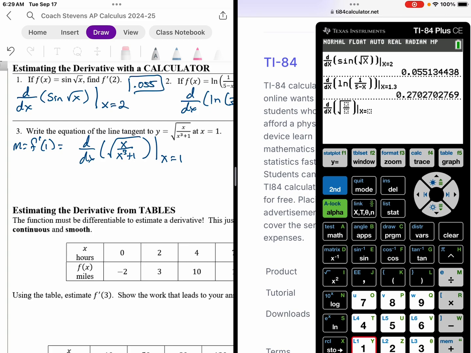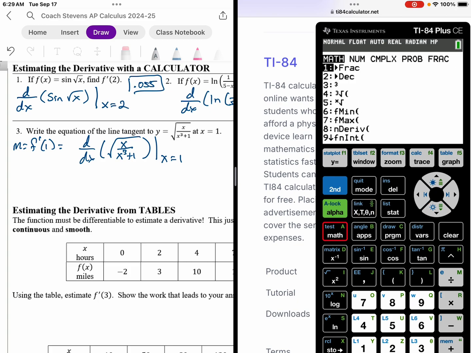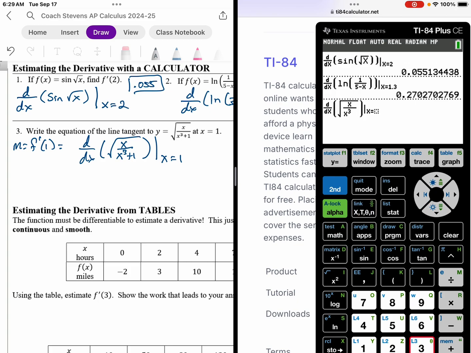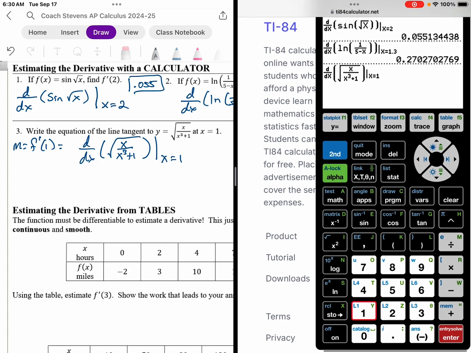On top, we put an x. On the bottom, we do x, and the cube button is underneath math again, it's math 3. Then plus 1, and then let's arrow outside of that stuff. I want to evaluate it for where x is equal to 1. So I'm going to look at it and make sure I got everything typed in the way I need it to be. Looks good.